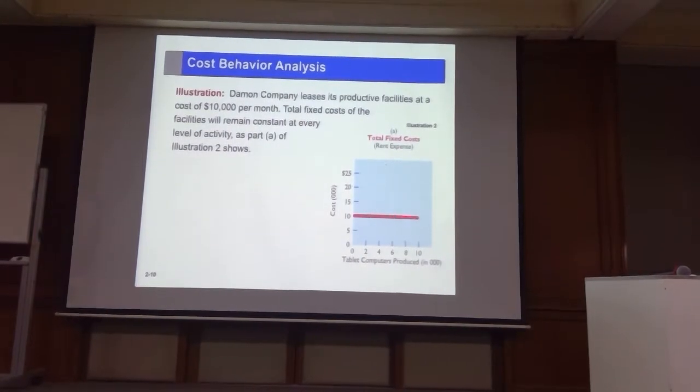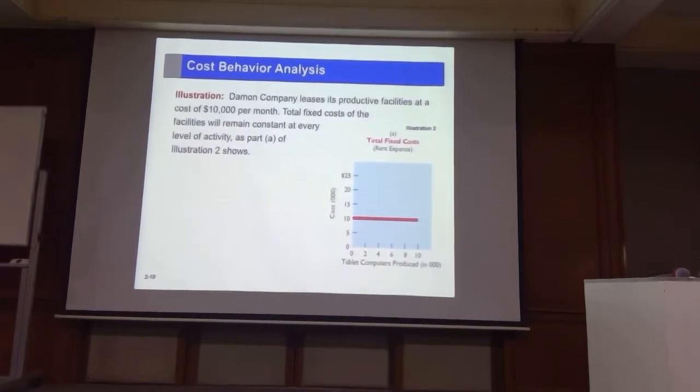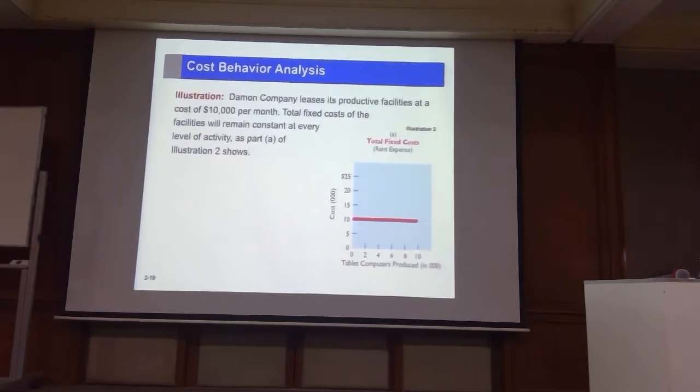See? Starting at 10,000. If you produce nothing, you still need to pay for the rent, right? If you produce 2,000, you still pay the rent of 10,000. If you produce 10,000, you still pay the rent at 10,000 per month. So in total, the fixed cost remains constant.